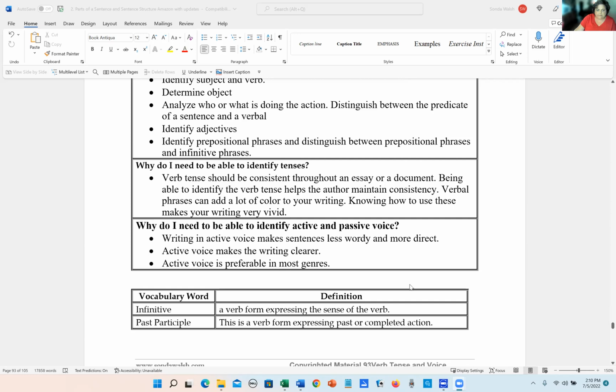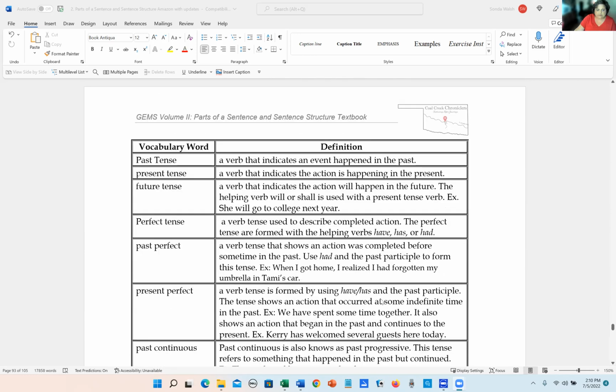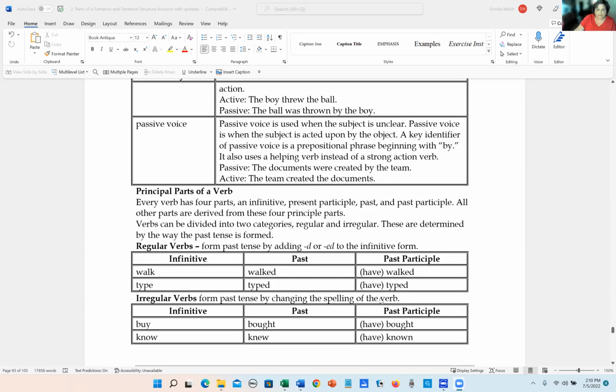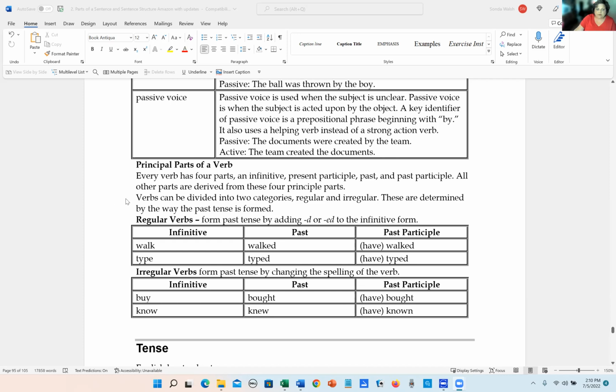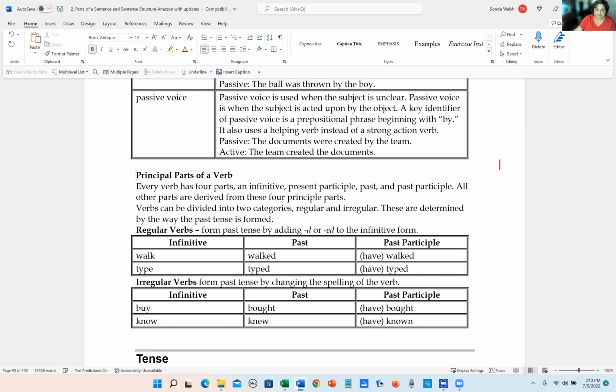All right, let's dive into the principal parts of a verb. And I'm sorry about the spacing on this. Things got all wonky whenever I put it into Amazon. Okay, every verb has 4 parts. An infinitive, and this is the same word, but it kind of means something different.